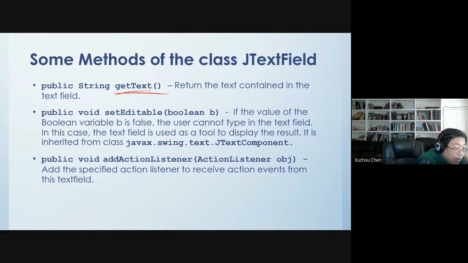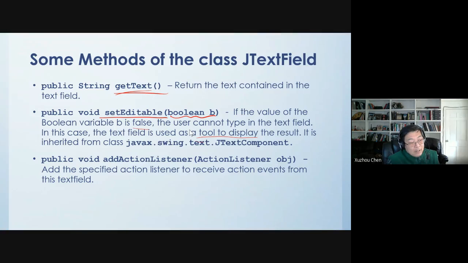Then there's another method called setEditable, with a boolean parameter. If the value of the boolean variable b is false, the user cannot type in the text field. In this case, the text field is used as a tool to display the result.